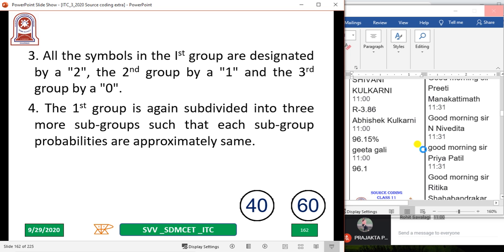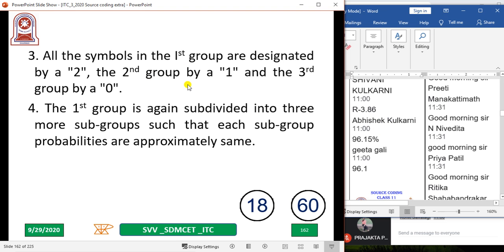Copy down step number 3 and step number 4. Now let us go to the next step.